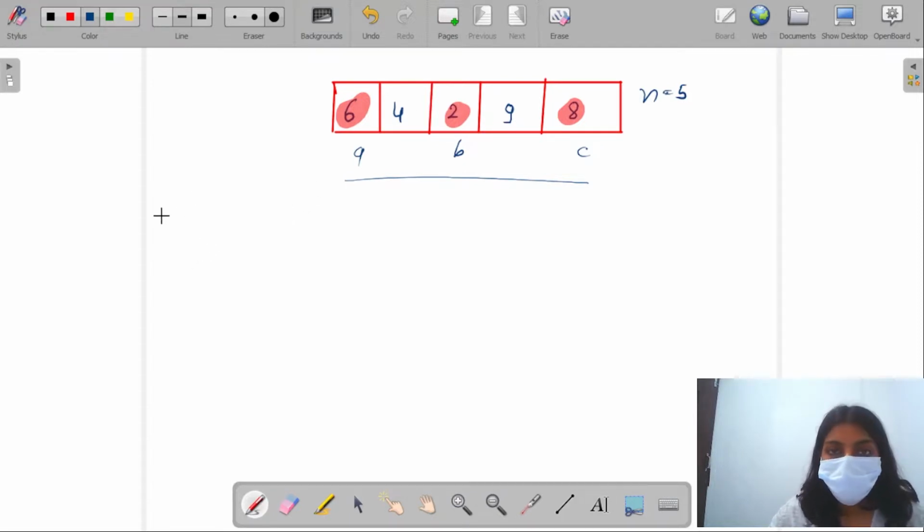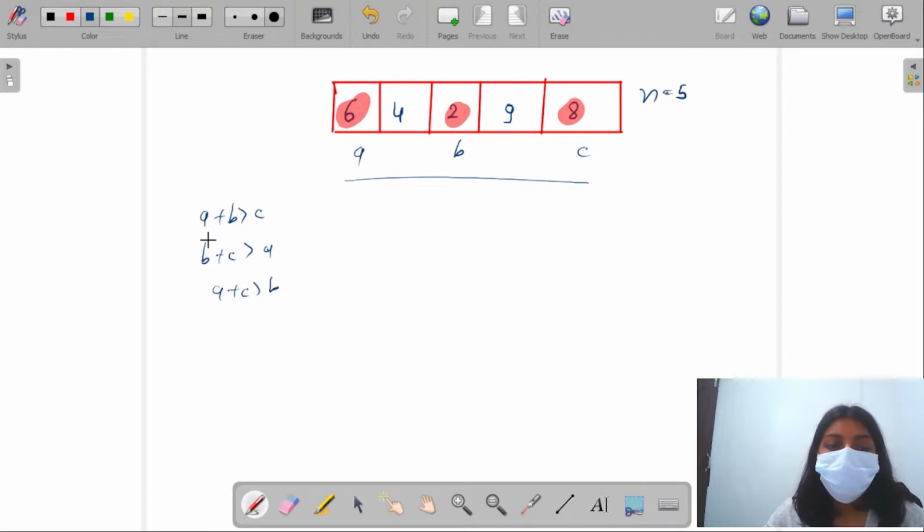The condition is that the sum of any two sides should be strictly greater than the third side. So I check if A plus B is greater than C or not, B plus C is greater than A or not, and A plus C is greater than B or not.